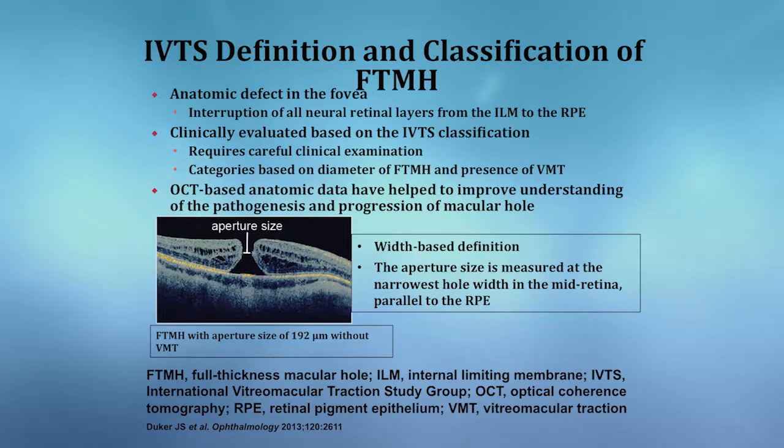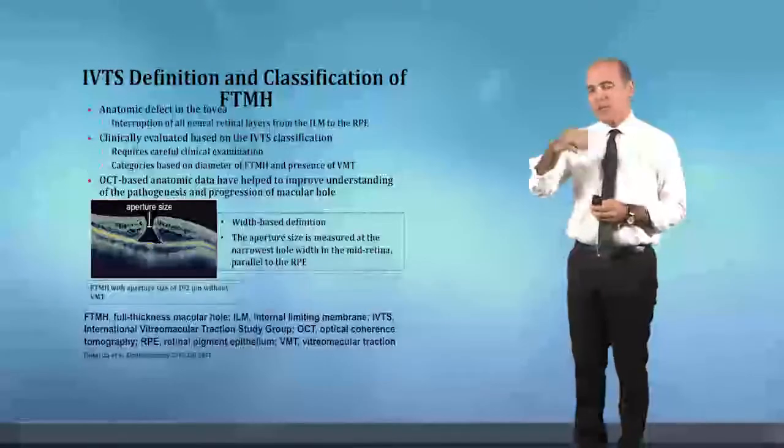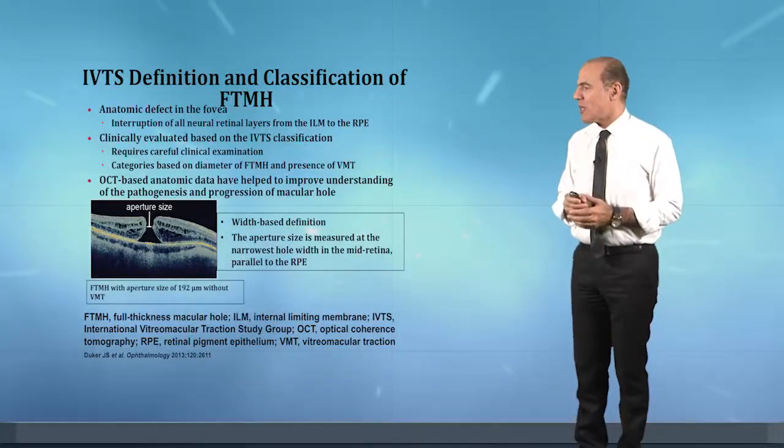And we have the aperture, the size of the hole. We have to measure the size of the hole, of course, with the OCT machine from the narrowest part of the hole. As we see here in these areas, we can measure the aperture as almost 192 microns, without any overlying tissue adherent to it, without vitreomacular traction on it.